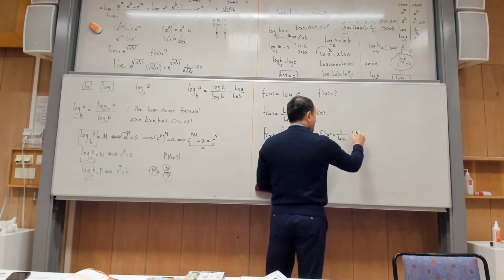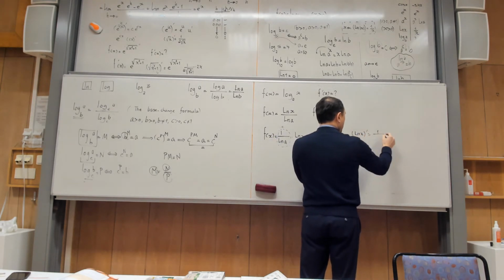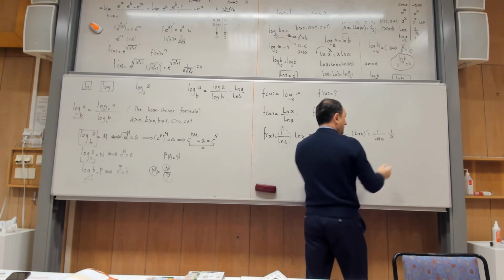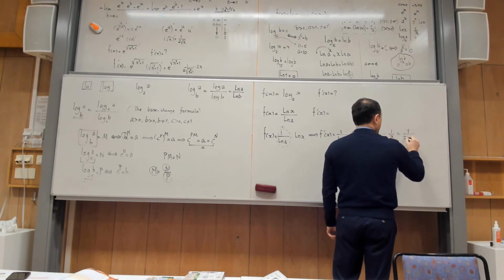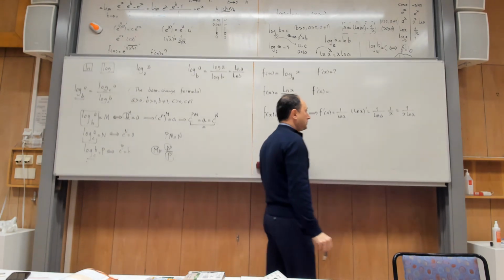Derivative of this function we know. We just learned. It is what? The derivative of ln x is 1 over x. And then if I want to combine them, it becomes 1 over x ln of a. So that is the answer that I put here.